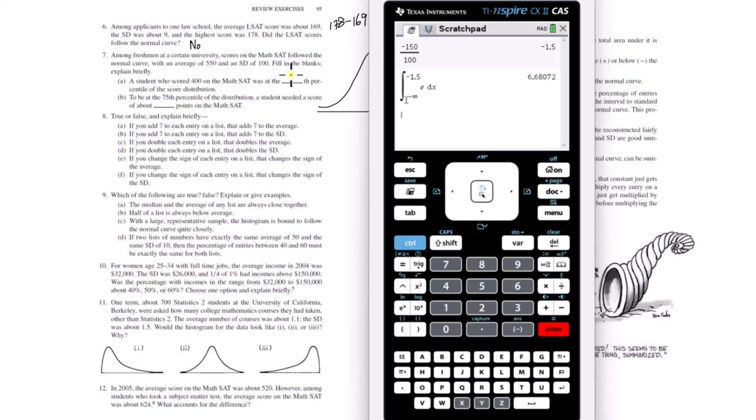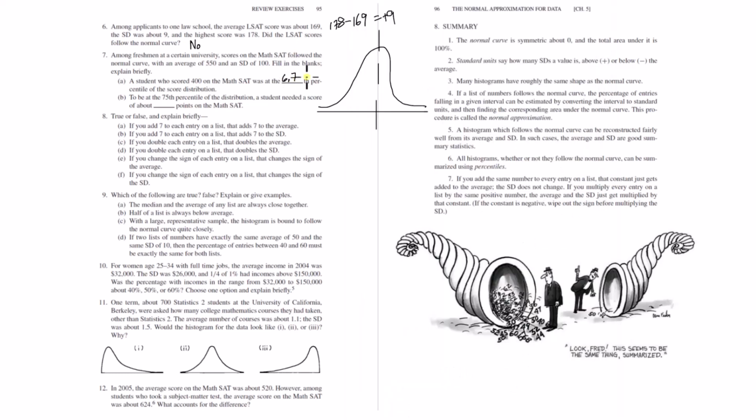Could we round up? Let's think about that. If we say 7th percentile, then technically the 7th percentile is if you scored like 401 or 402. So I wouldn't want to round up here, though it doesn't matter. You could say 7th percentile, but I'm going to put 6.7th percentile just because you could round down.